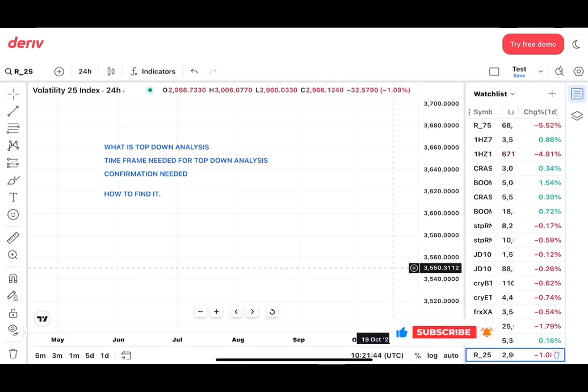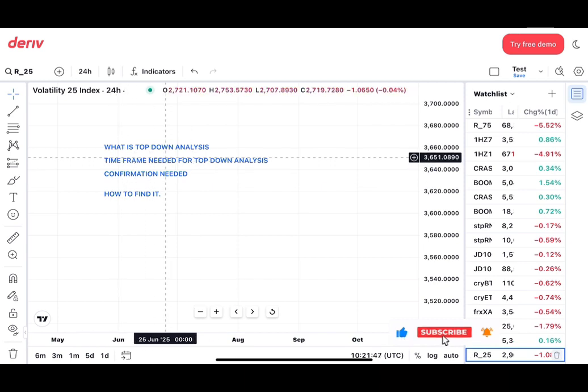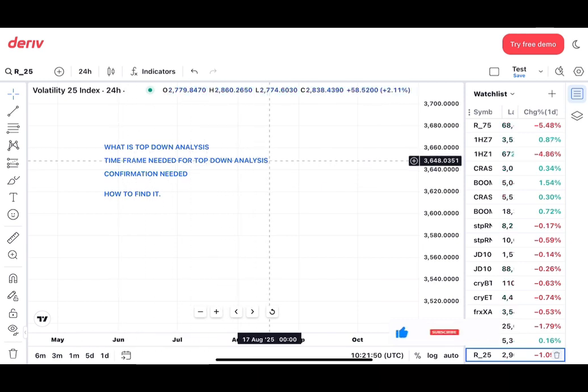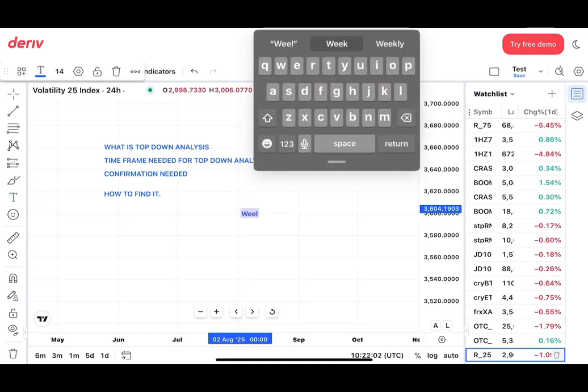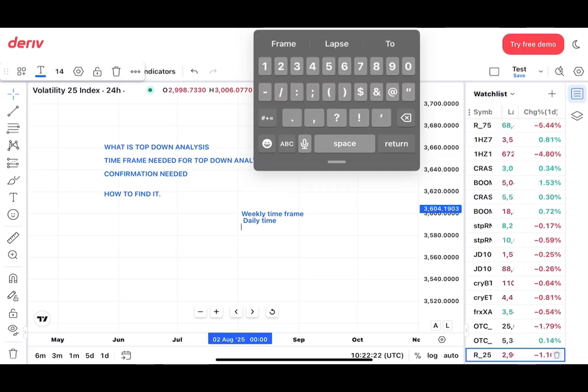And 2, time frame needed for the top-down analysis. The only time frames you need for this top-down analysis are: 1, we have the weekly time frame. 2, we have the daily time frame. 3, we have the 4-hour time frame.